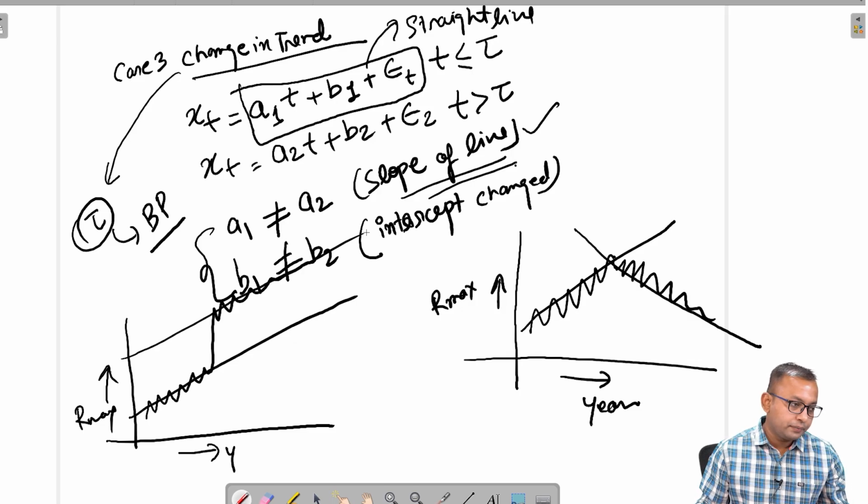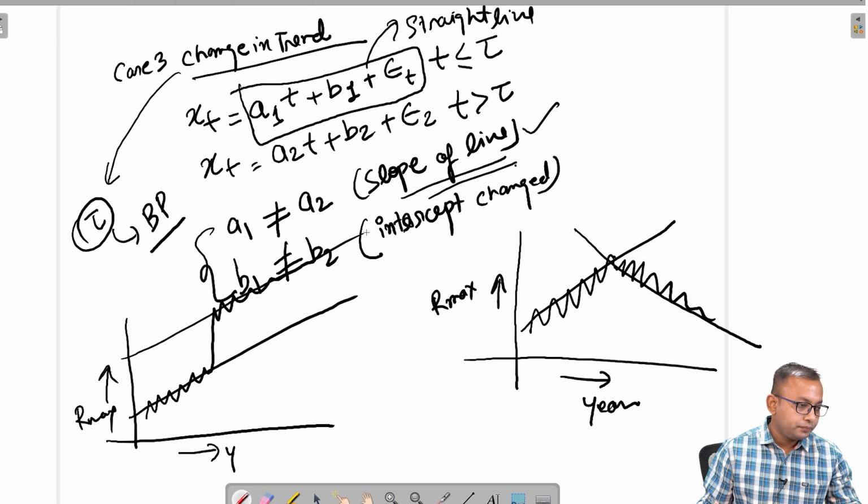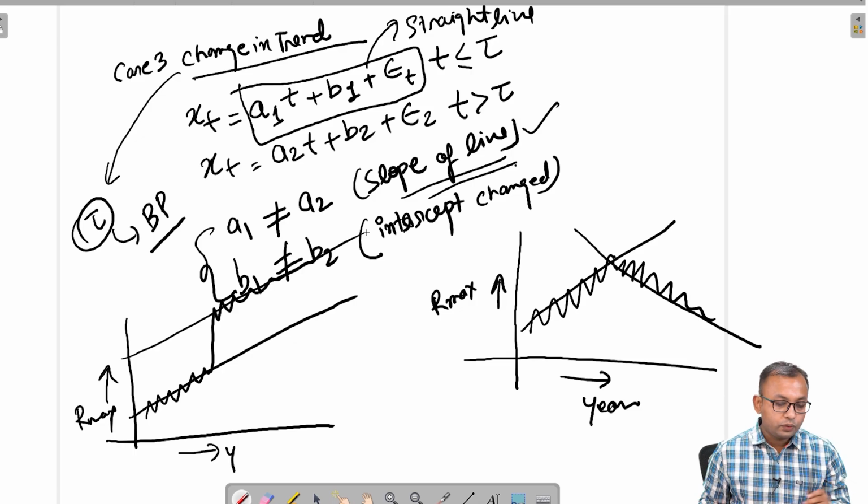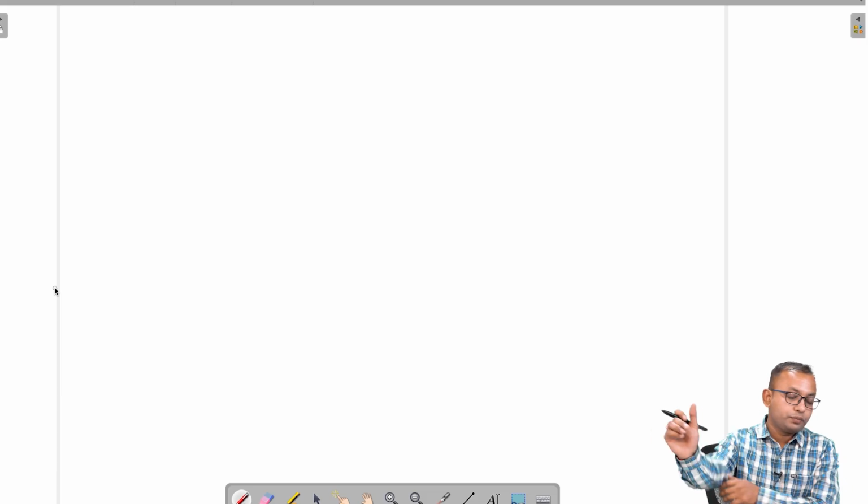There are various methods which we can use for doing this breakpoint analysis. For example, we can use the Pettitt test.